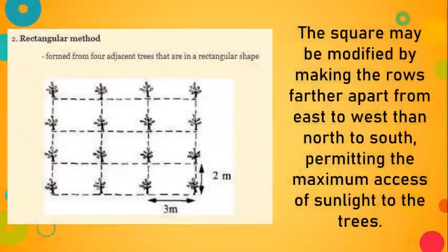Correct. Then let's have the second method, the rectangular method. So it is formed from four adjacent trees that are in a rectangular shape. Okay, more or less the same as square, but it is widened a little. The square may be modified by making the rows farther apart from east to west than north to south, permitting the maximum access of sunlight to the trees.